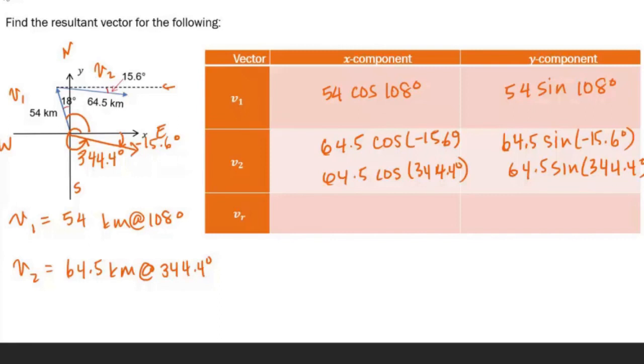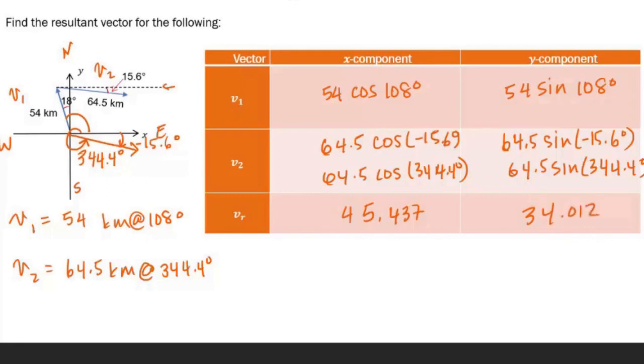Adding up the x components, and I'm just dropping them into my calculator as is. So using only one of the ways to calculate the x component for vector 2, of course, we find an x component of the resultant of 45.437 and a y component of 34.012.